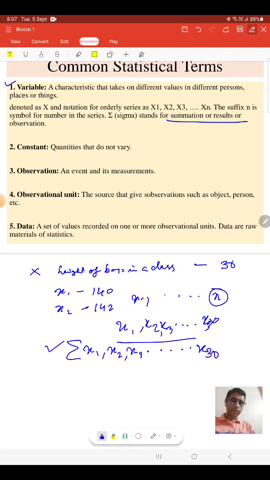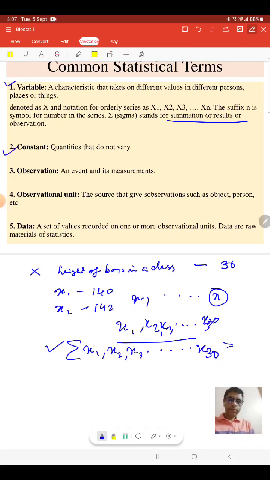That is how we mention the total of the observations, the total of the height of the boys in the class.